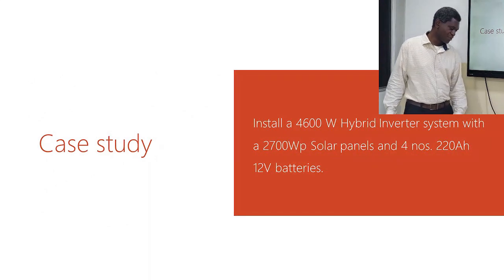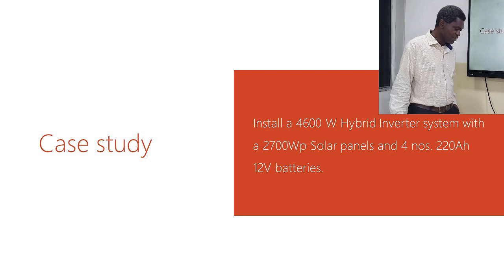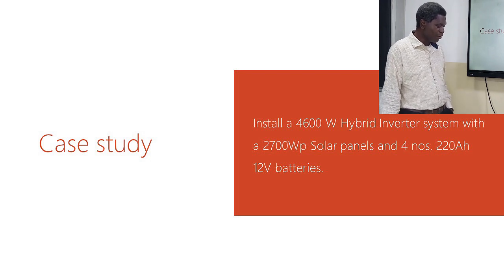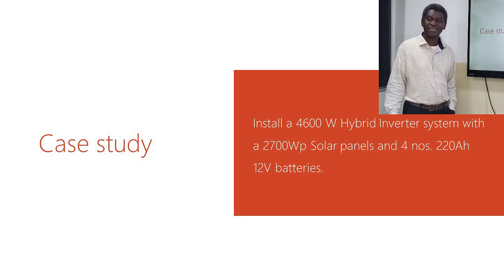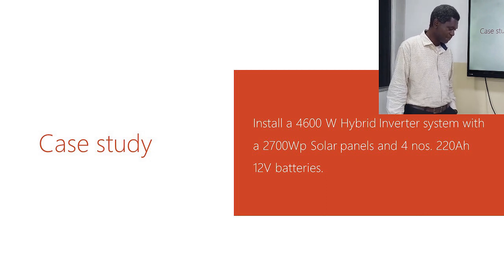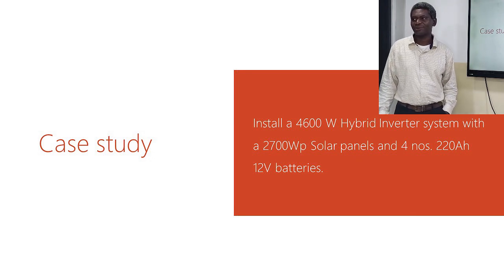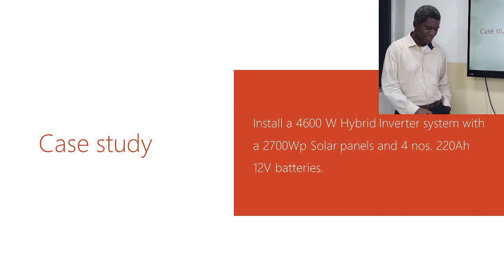Case study: install a 4,600 watts hybrid inverter with 2,700 watts solar panel and 4 numbers 220 amps, 12 volts battery. So I'm going to call Ayo. I said I'm going to surprise you to tell us how you are going to do this installation. Quickly, just explain.